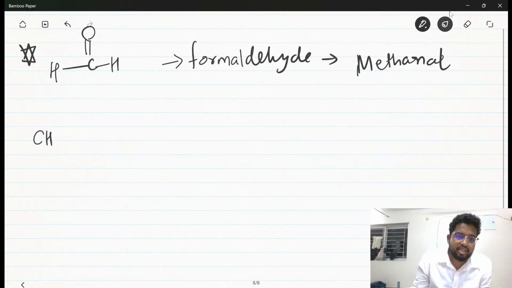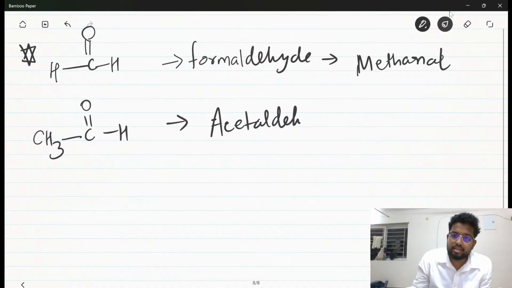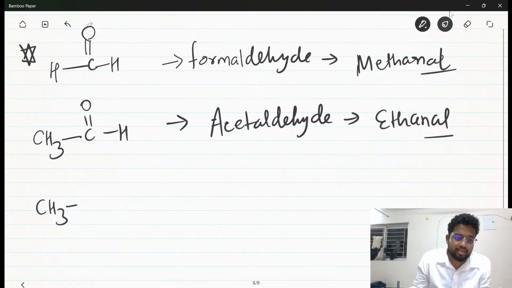Apart from that, what is the next member? CH3, C double bond O, H. This is acetaldehyde. What do we call acetaldehyde? What is the IUPAC name? Ethanal. Methanal, ethanal.